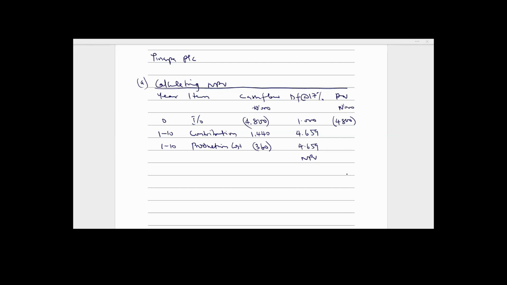6,709 for contribution. 6,709. And 1,677 approximately for production costs. The final answer: what's our NPV? 6,709 minus 4,800 minus 1,677 is 232.